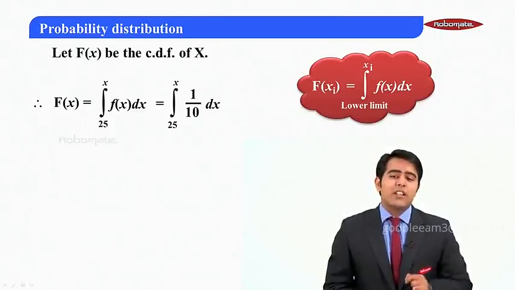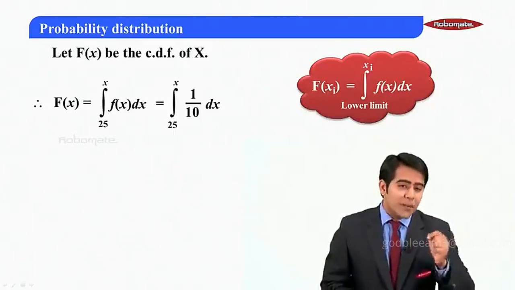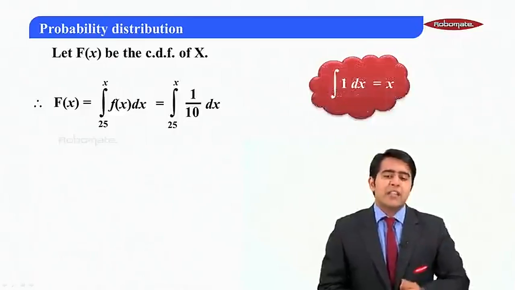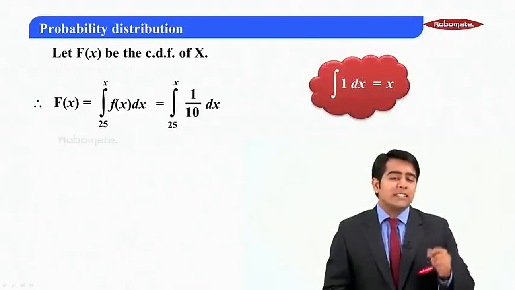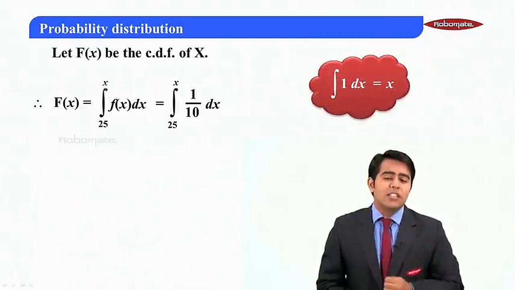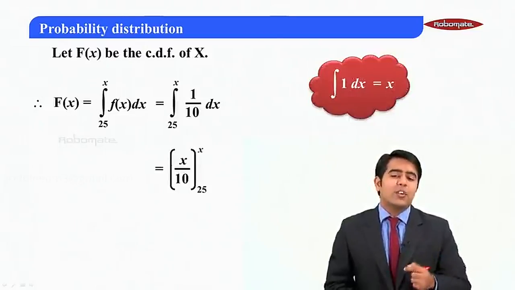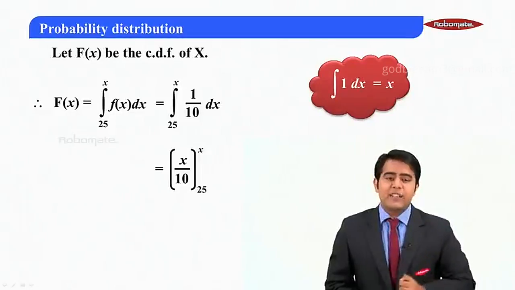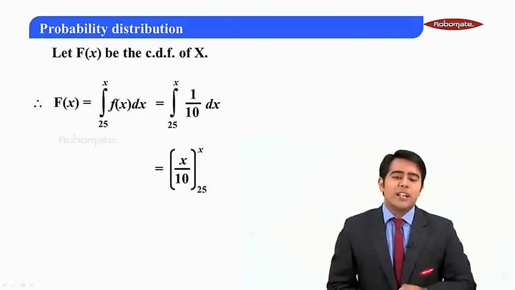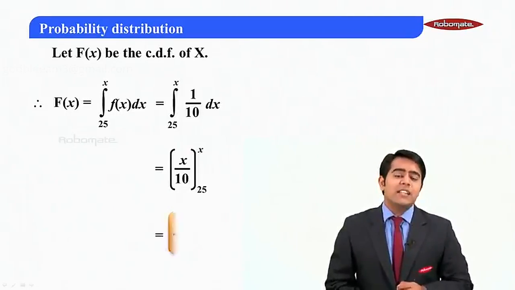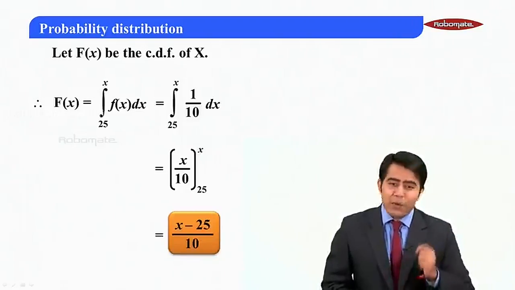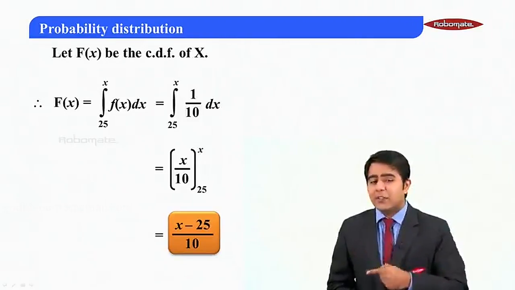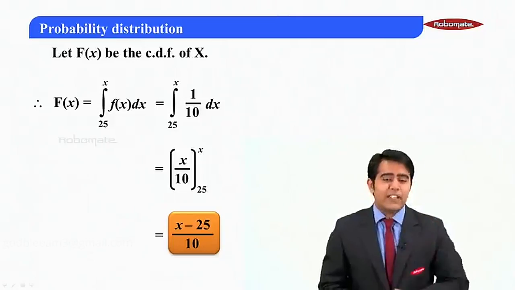So on further calculation, integral 25 to x 1 upon 10 dx. So we know that integral 1 dx is x, 1 by 10 is constant, it is taken outside, so x upon 10 from 25 to x will be the value for this integral. Now substituting the upper and lower limits, I get the value as x minus 25 upon 10. So this is the value for F of x, that is CDF of x.